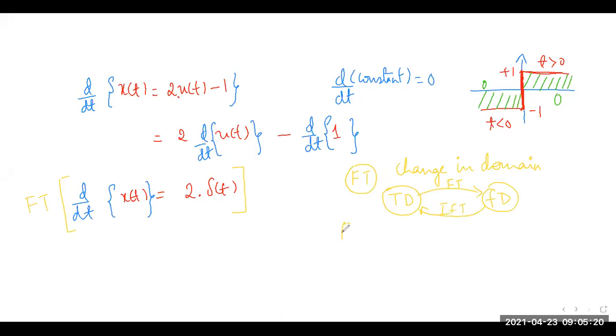And this Fourier transform is given as capital X of omega is equal to integration from minus infinity to plus infinity x of t e to the power minus j omega t dt. So this is the formula for Fourier transform.